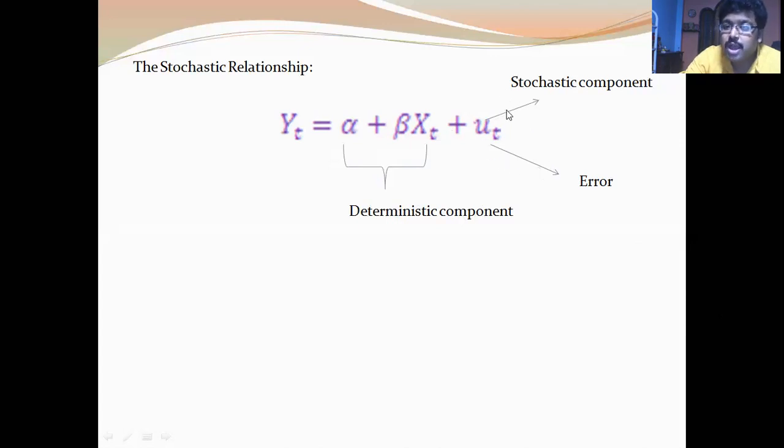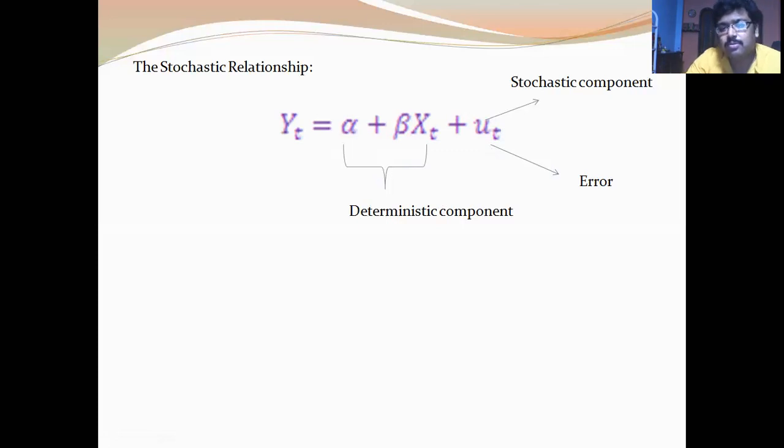For that reason, we have introduced ut. In our example, the expenditure of a family depends on the income of a family, but also it depends on the assets of the family. Also it depends on the size of the family.